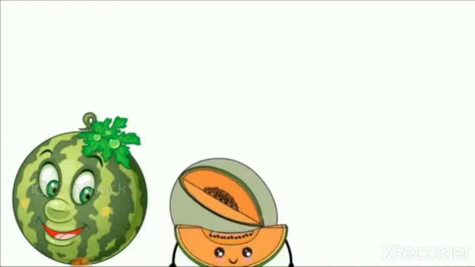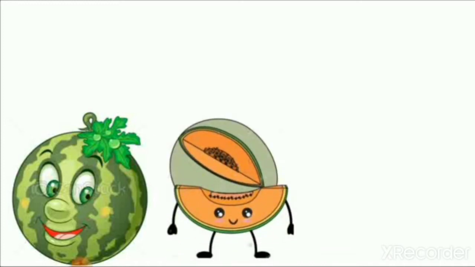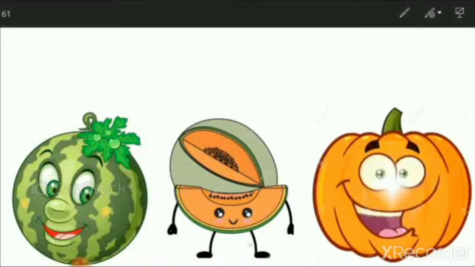Now let's see the pictures of some fruits and vegetables. Here the first picture is watermelon, muskmelon. They both are fruit. You can see here watermelon, muskmelon, and a pumpkin. So what are they?